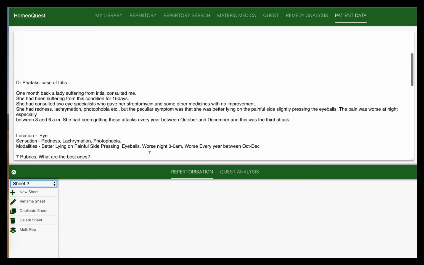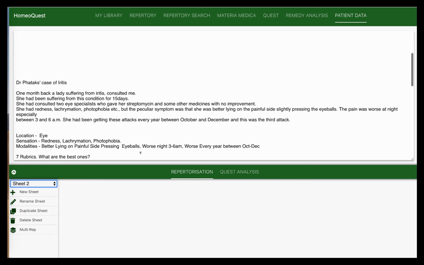Now, if you consider what we spoke earlier, peculiars over common. So in this case, the modalities, and in every complete symptom, the modalities are the red line of that case. And especially if you have these really peculiar ones, they individualize your case.